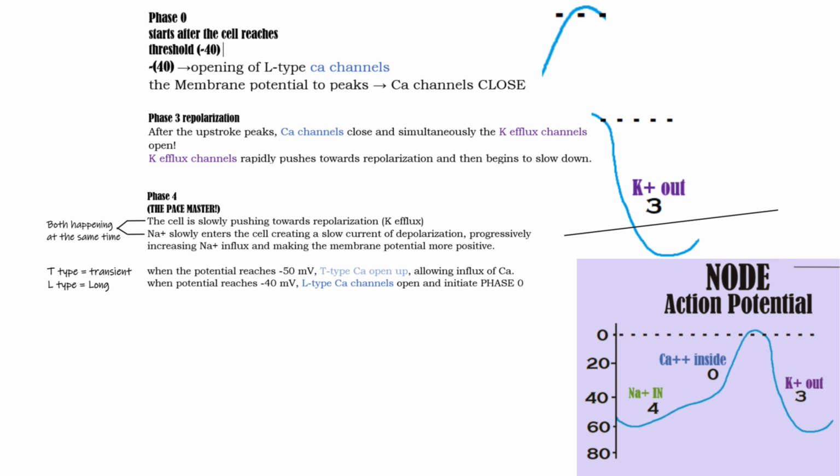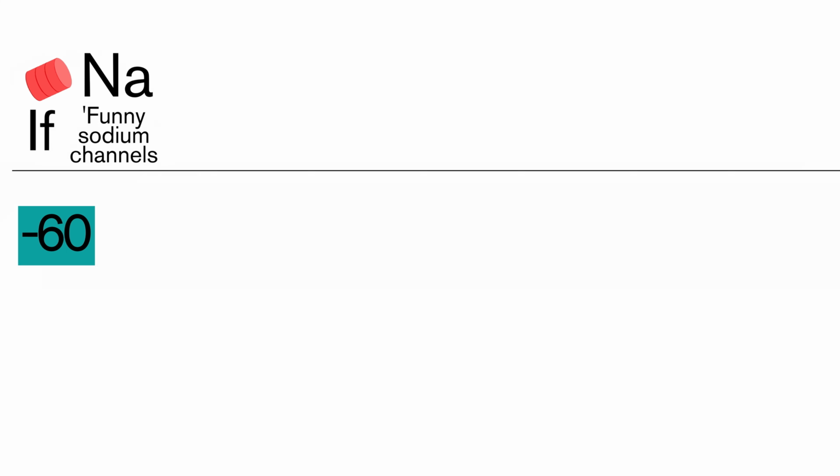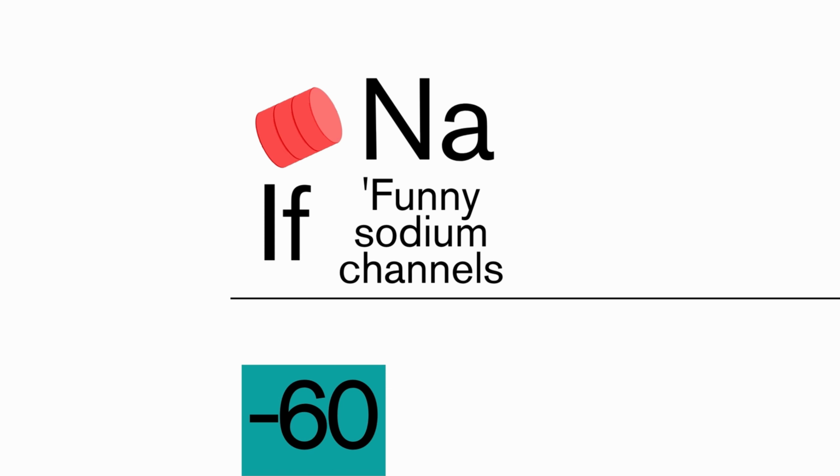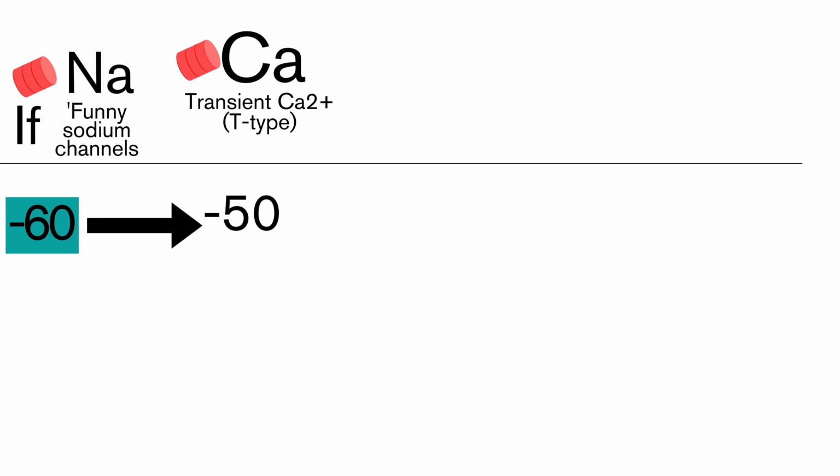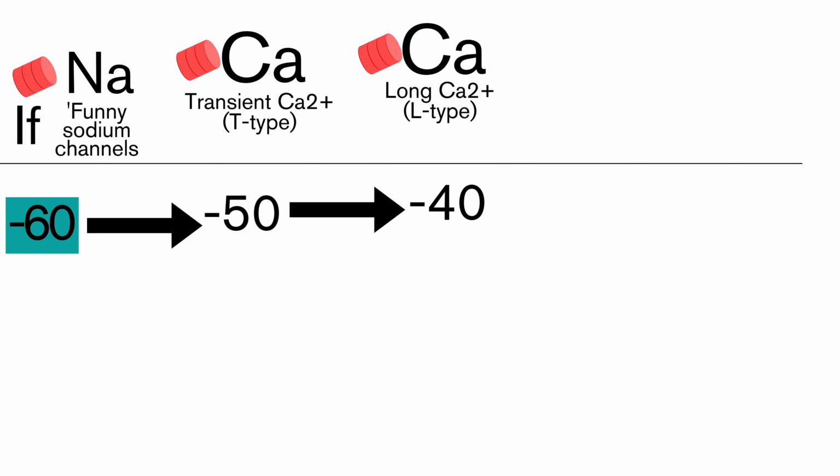So how does this happen in the first place? You have the cell. It has these sodium channels. Let's say it's at -60. They call them the funny channels. These sodium channels can approximate the depolarization level from -60 to -50, where you then open up some T-type, transient type of calcium channels. And then as it gets to -40, this is where you hit your threshold.